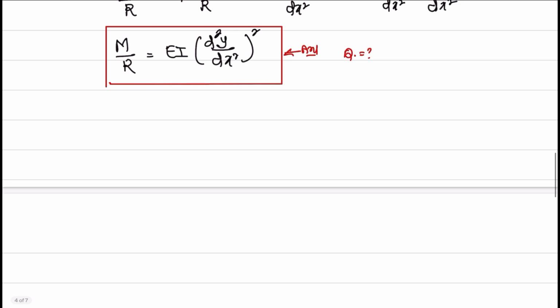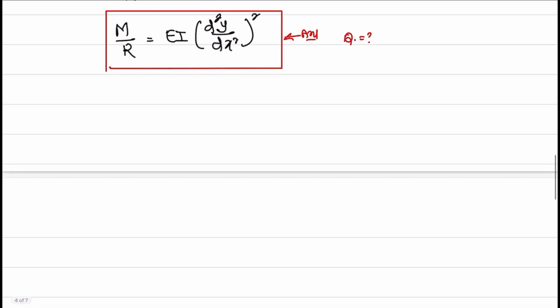And next, whenever vibrations take place in a physical system or in a mechanical system or in an engineering system, whether it is civil engineering or mechanical engineering, the equation is, I am not going to derive the equation.